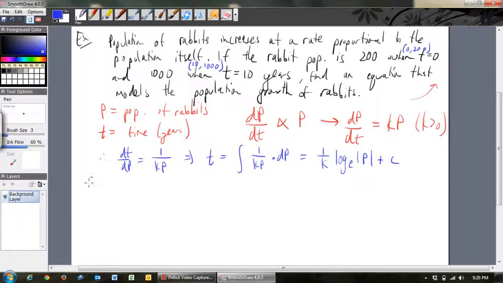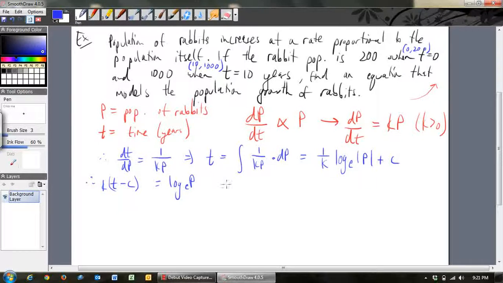Okay, so therefore, let's solve this. Put the C on that side, so it'll be t minus C, multiplied by k. kt minus C is equal to log e of P. Now this is the modulus of P, but P is always positive. This population is always positive. You can't have a negative population.